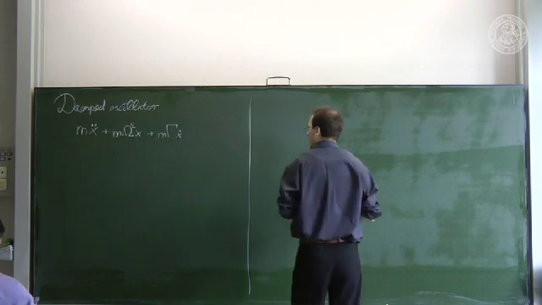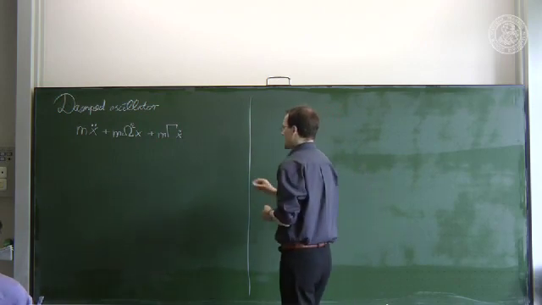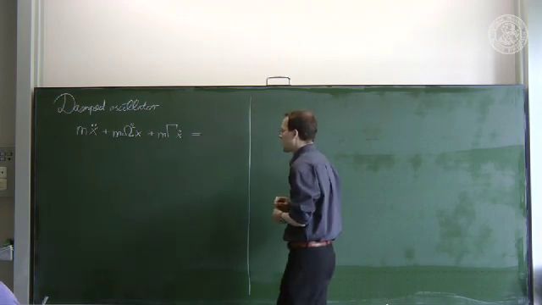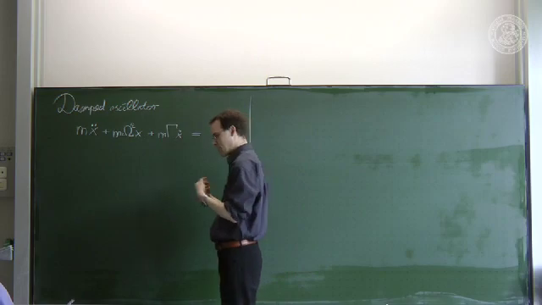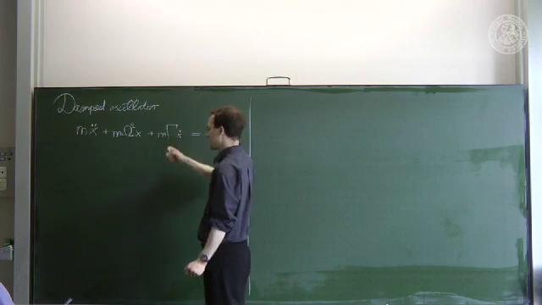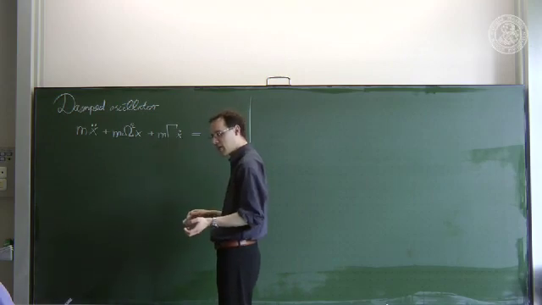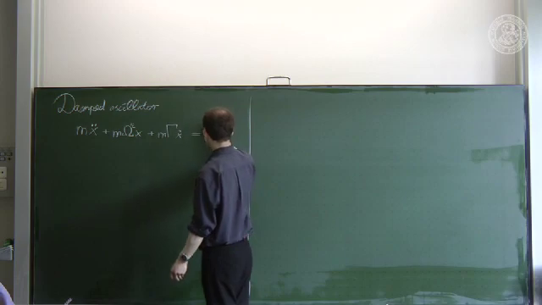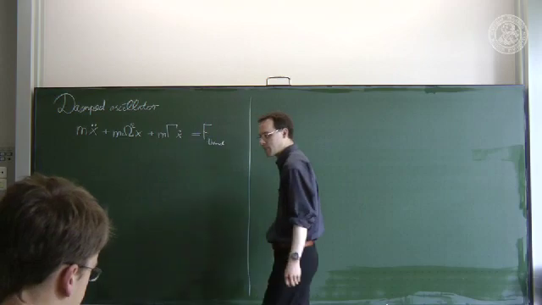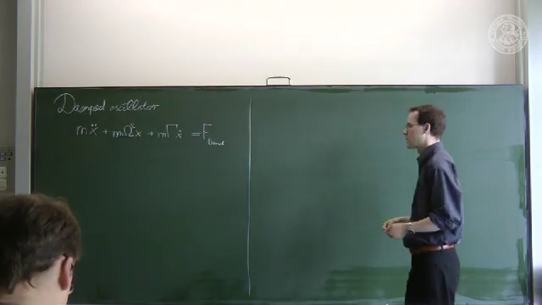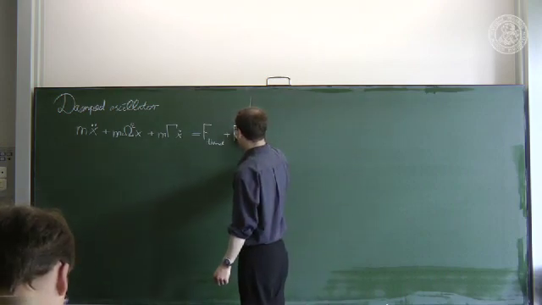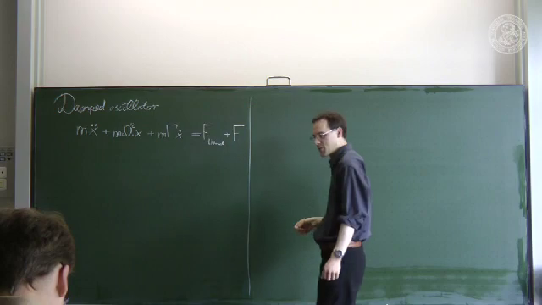Now, this I have to set equal to any external forces. Which external forces are there? Well, even if I don't really apply an external force, then in thermal equilibrium, because the damping tells me that I'm connected to some thermal environment, I also have thermal fluctuations. Which again is some noise process, some noisy function of time. Plus then there is my external force to which I want to calculate the response.